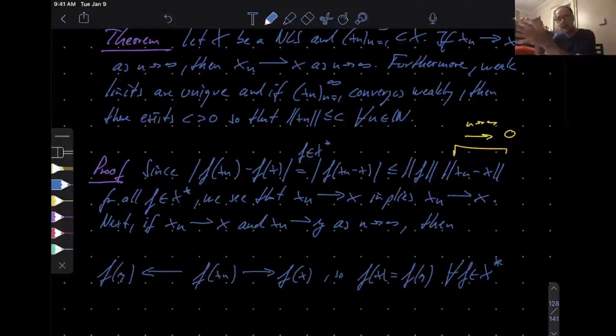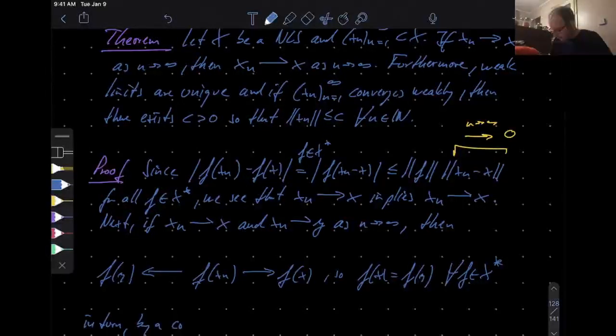That is to say, if x is different from y, then you can find a linear functional f such that f of x is different from f of y. Now, if you negate that statement, then it says if f of x is equal to f of y for all bounded linear functionals, then x has to be equal to y. And that's precisely what I need now, right? So f of x is equal to f of y for all bounded linear functionals will give me x is equal to y.